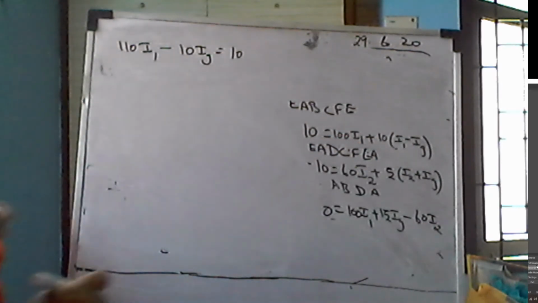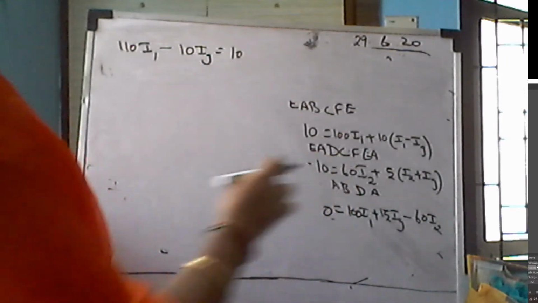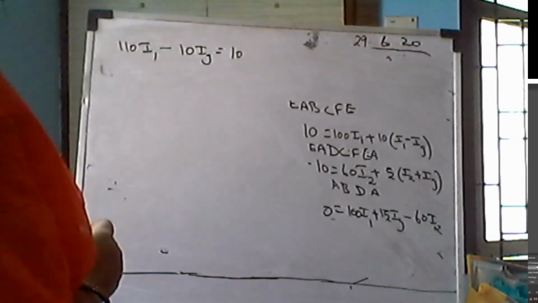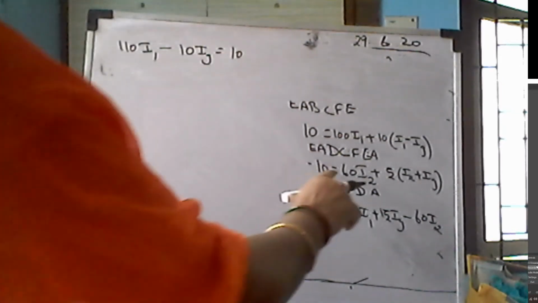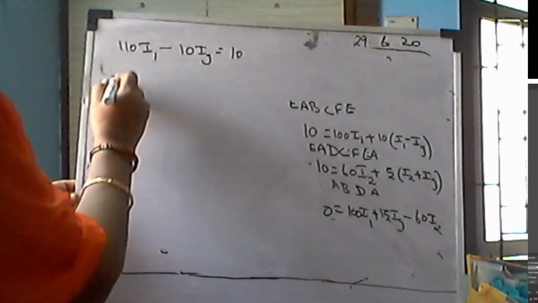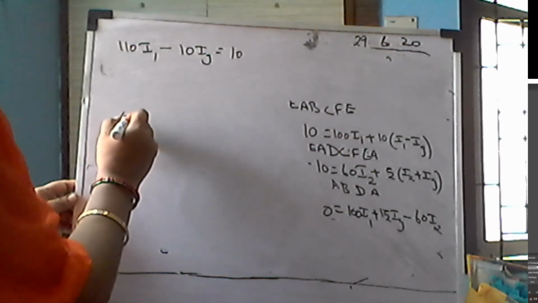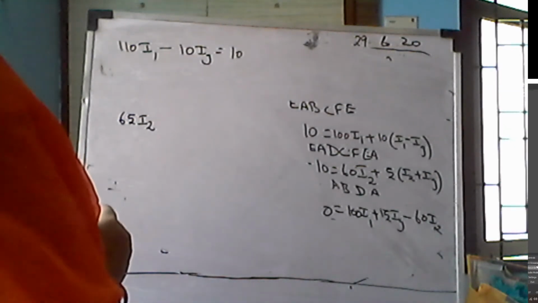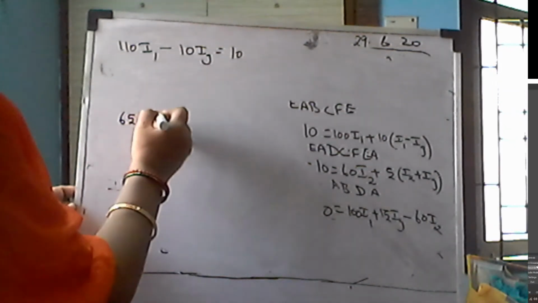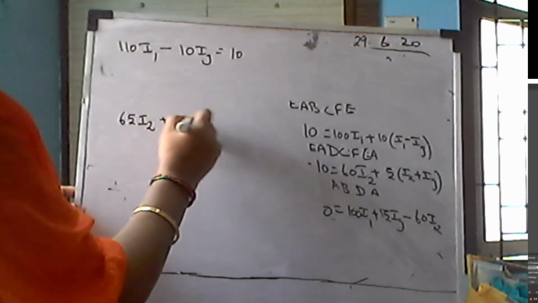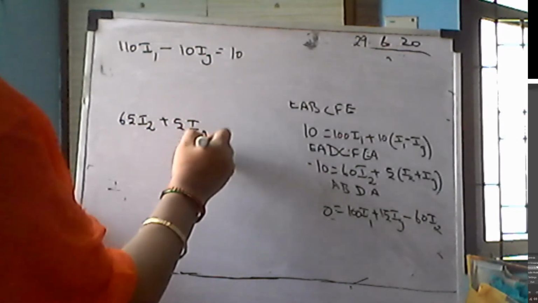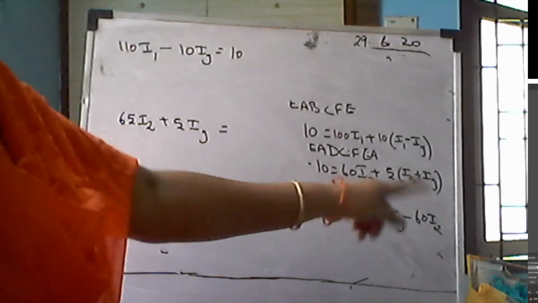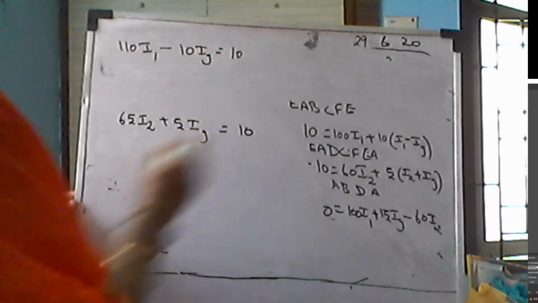The second equation is, you are not getting here I1. Here you are getting I2. So here 60 plus 5, 65. 65 I2 plus 5 IG equal to 10.